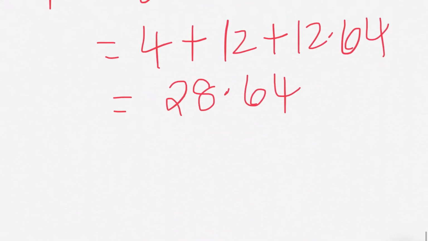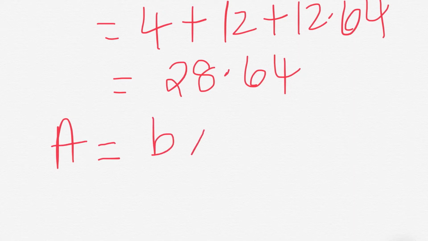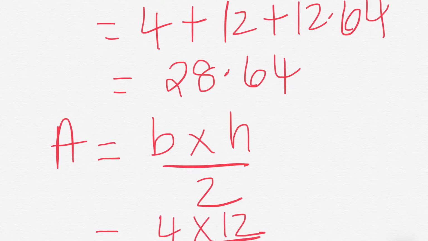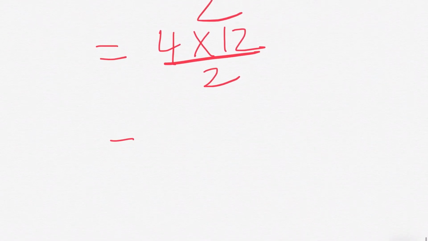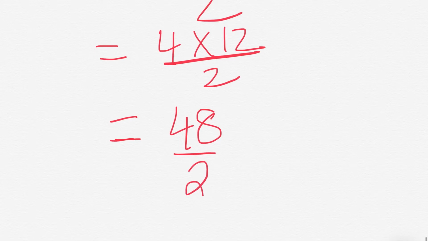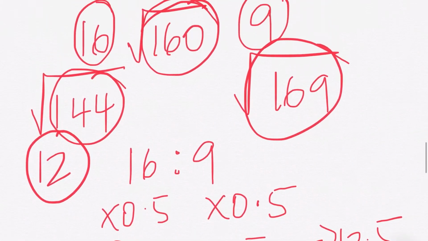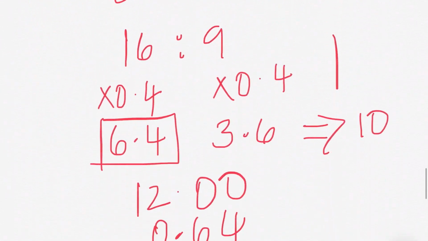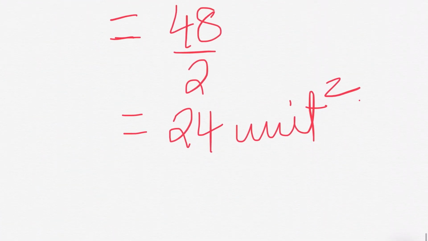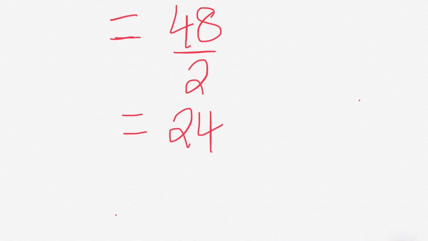If we want to find the area of the same triangle, we can just take base times height divided by 2, which is 4 times 12 divided by 2. 48 divided by 2, which is equal to 24 unit square (24 centimeter square).